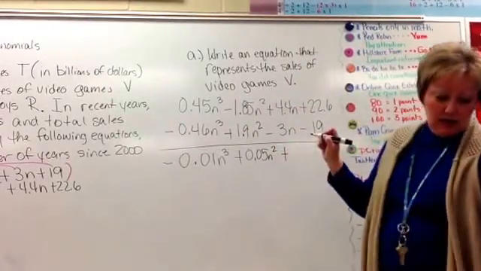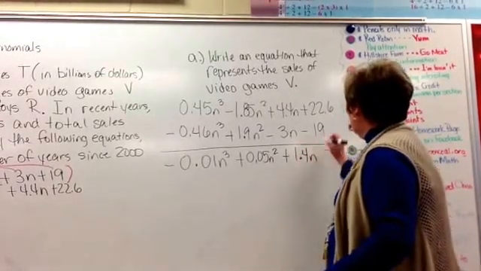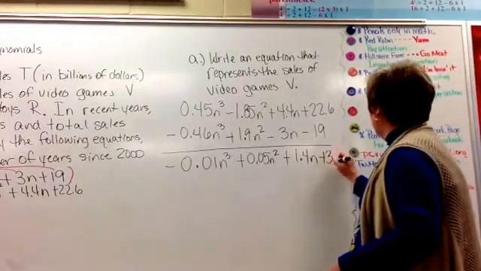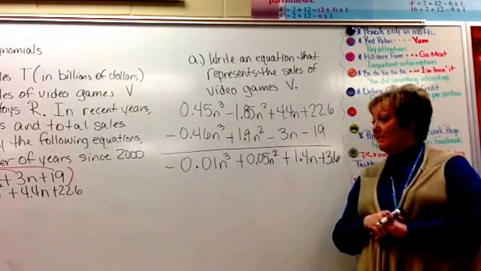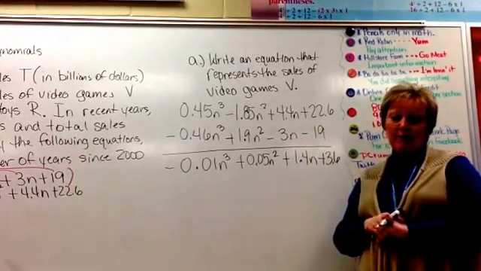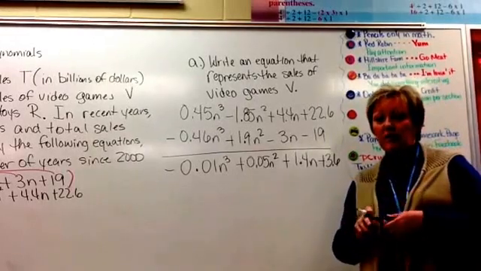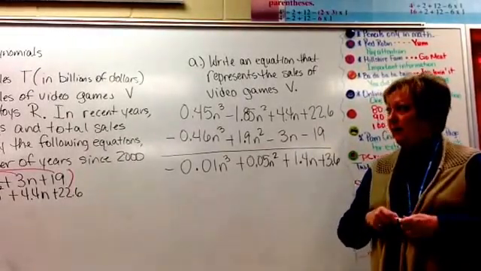We're going to get 1.4 n. And lastly, we get plus 3.6. How'd you do on that one? Okay, that's a real-world example for adding and subtracting polynomials. Next, we're going to roll into our second section of this video, which is multiplying polynomials.